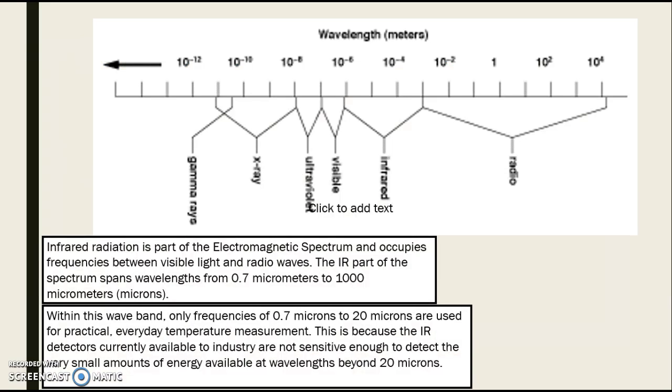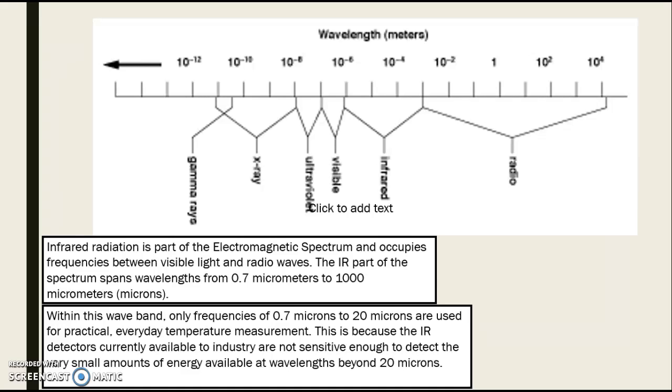Now here's a little diagram. May not be helpful for us, but we can see that infrared radiation is part of the electromagnetic spectrum and occupies frequencies between visible light and radio waves. Within this waveband, only frequencies of about 0.7 microns to 20 microns are used for practical, everyday temperature measurements.